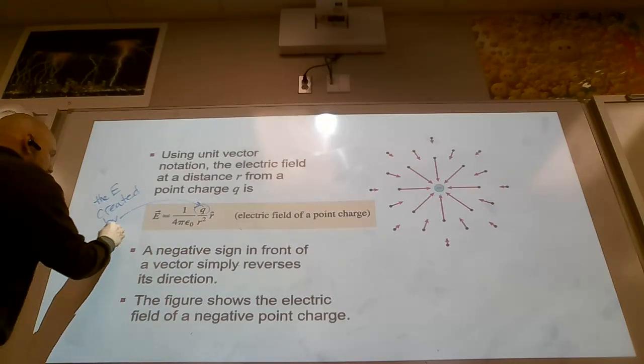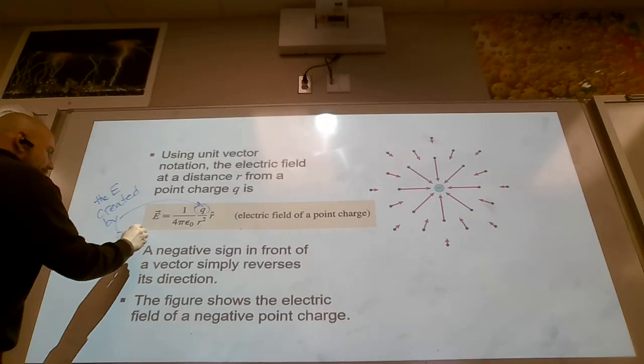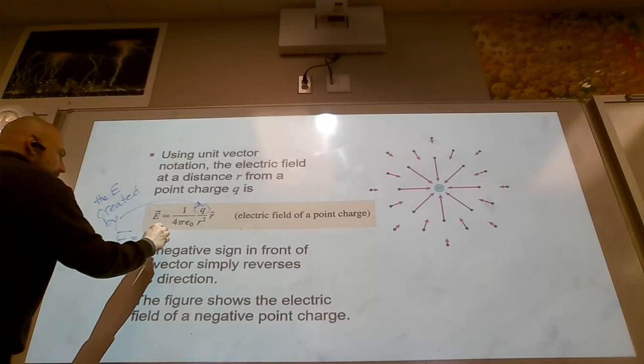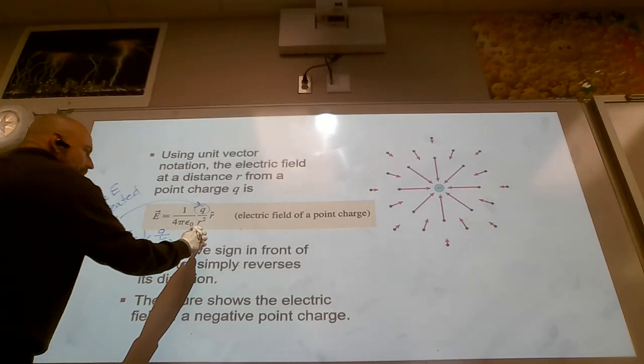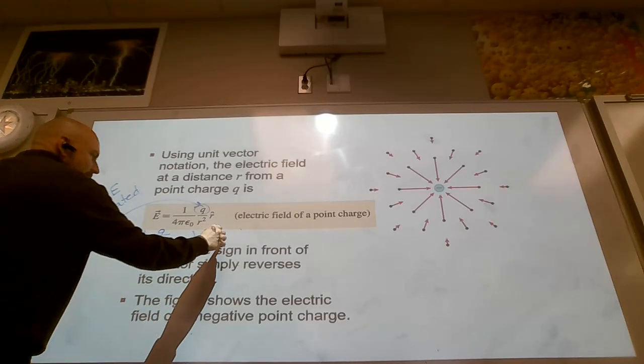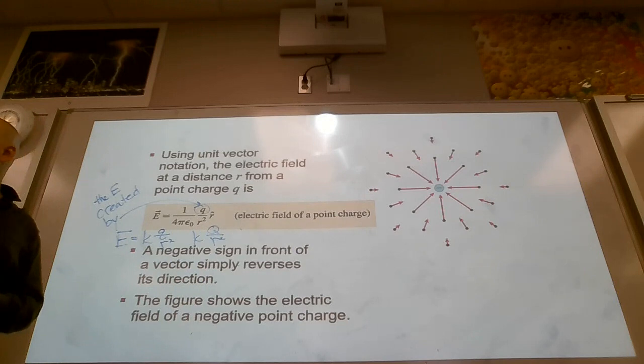You could write it like this, or you could write it like this. Sometimes people will write it like this because this is usually the bigger of the 2 charges, has a capital Q. They use capital Q and lowercase q interchangeably, kind of like they use capital M and lowercase m for mass interchangeably.